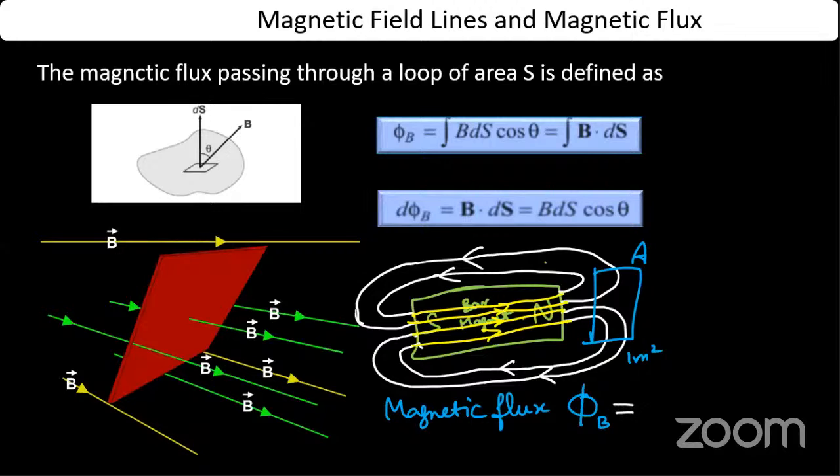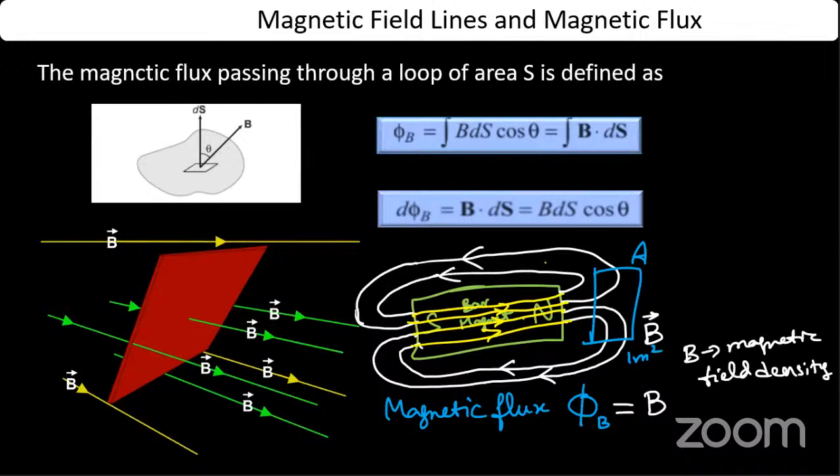That is equal to the strength of the magnetic field. Here the strength of the magnetic field is given by B. This is also called the magnetic field density. It's not only magnetic field, it's fully called the magnetic field density. You might have studied this in your CBSE.